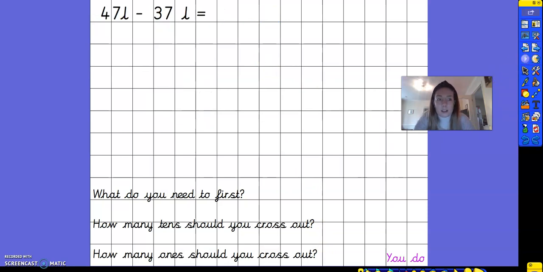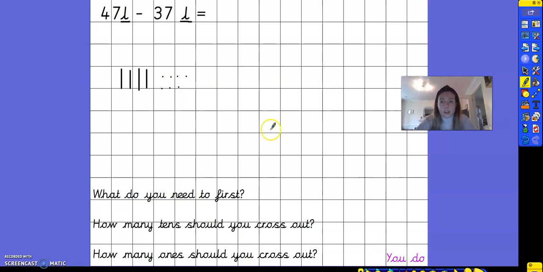Let's have a look at our last example then, which we're going to work through together for this one. So this time I've got 47 litres, subtract 37 litres. So I'm going to start by drawing 47. Let's count together. 10, 20, 30, 40. 1, 2, 3, 4, 5, 6, 7.